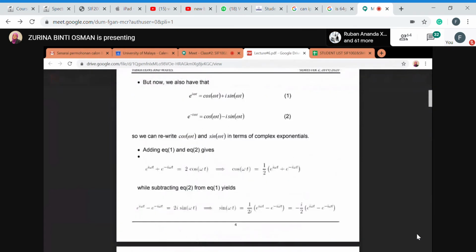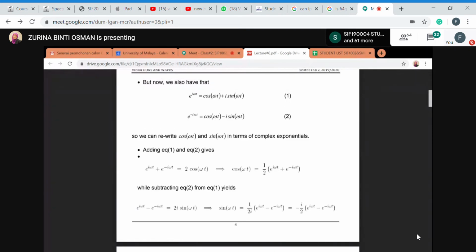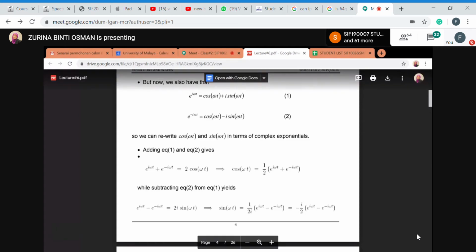Okay, so now when we add these two equations, equation 1 and equation 2, the answer is that e^{iωt} plus e^{-iωt} is equal to 2 cos ωt, because the other terms will be cancelled out.